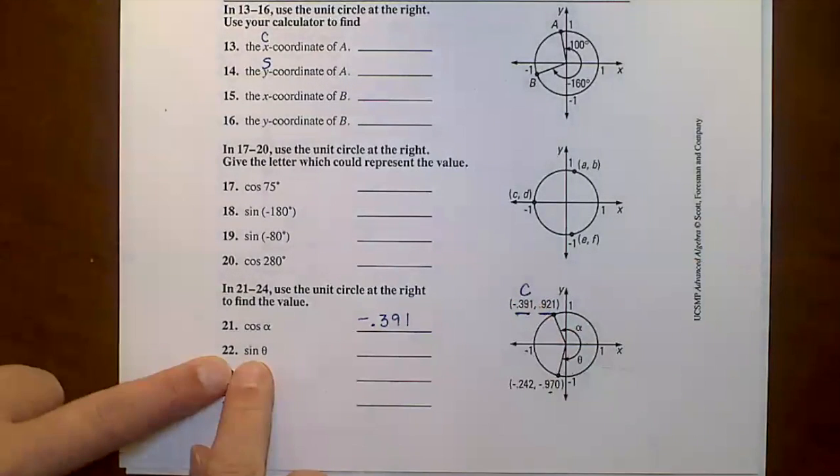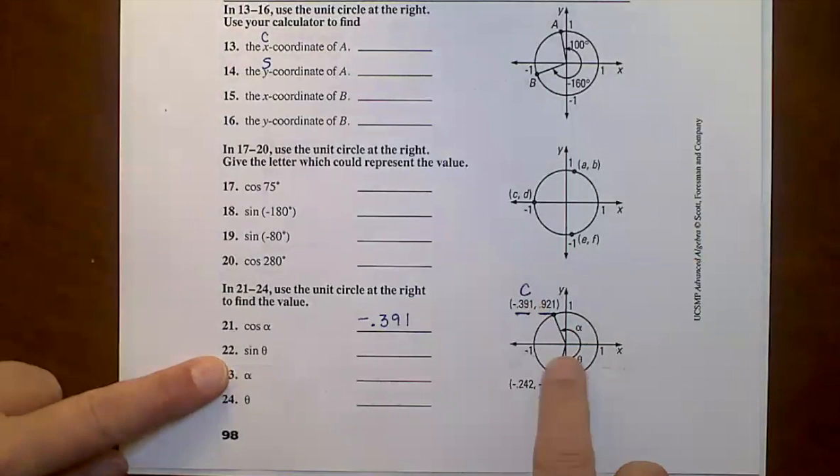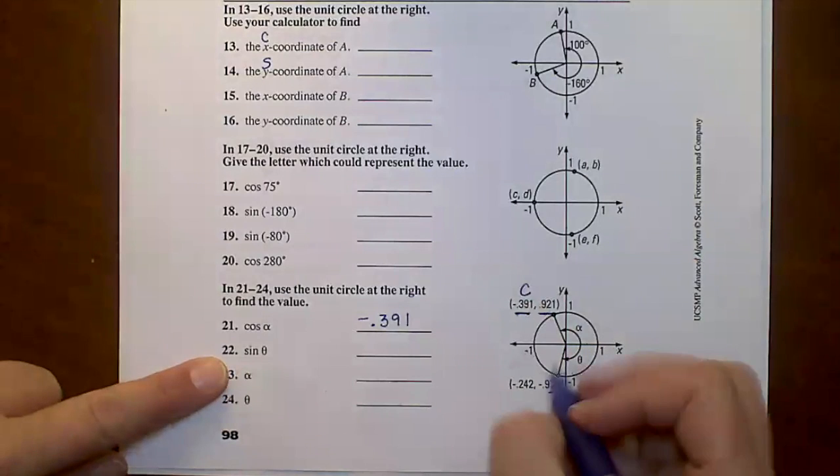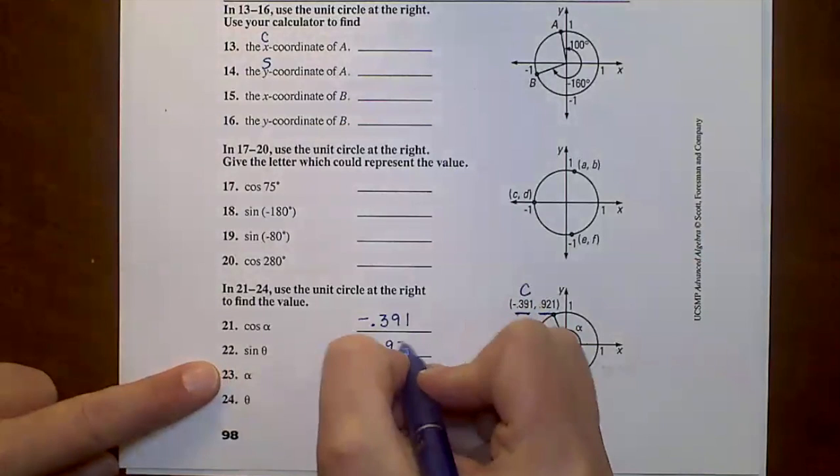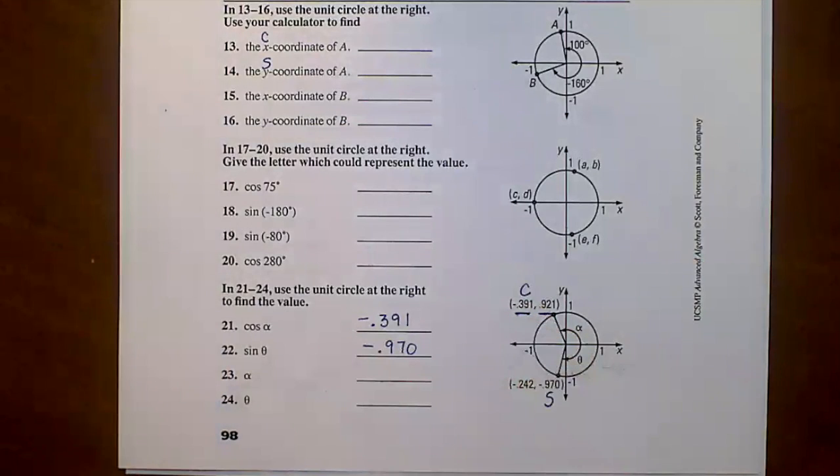Then for sine of theta, here's my theta angle. This would be cosine, this would be sine. So I'm going to do negative 0.970. Do you guys figure out those 2 okay? We just had to have those to do the other ones. These questions are really just asking what the actual measure of this angle is, and what the actual measure of this angle is.